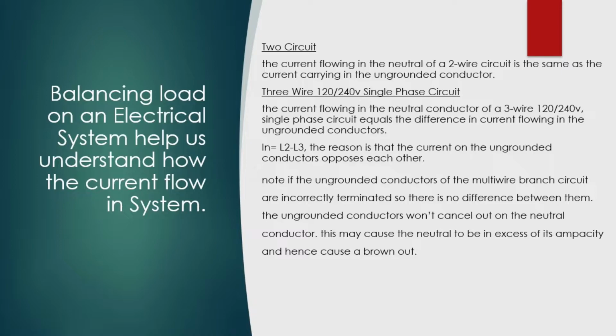This may cause the neutral to be in excess of its capacity and hence cause a burnout. So if you incorrectly terminate the two wires in such a way that they are on the same phase, then the ampacity would definitely spike up and return back on the neutral in an excessive amount, and it will cause the burnout of the neutral.